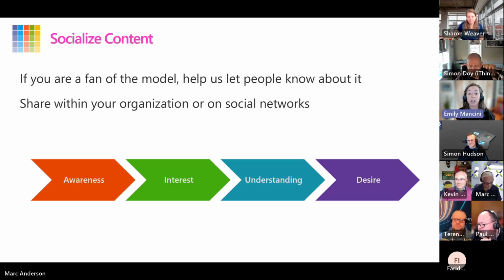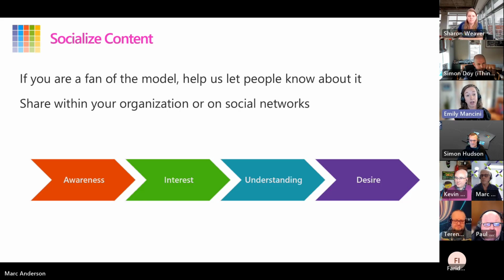So for socialized content, we just want to call out that there's a couple of different reasons that we ask for this. We all have different networks. So the people that I am working with are inherently going to be different than the network of who you are working with. So if this is something that you find useful, you socializing will reach a different audience than who I'm able to reach.